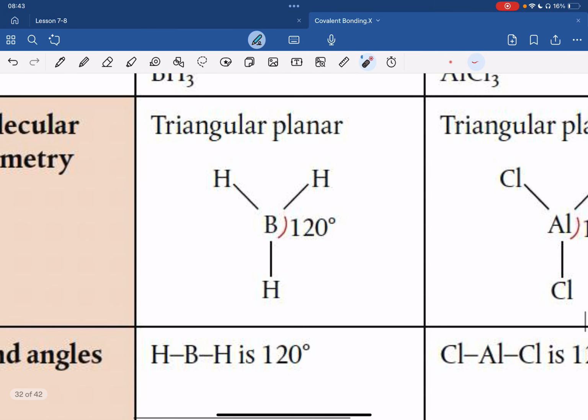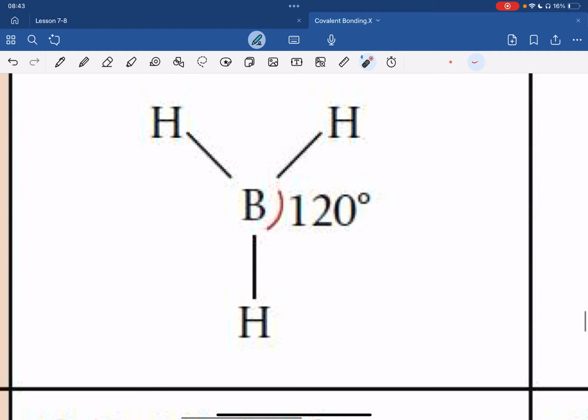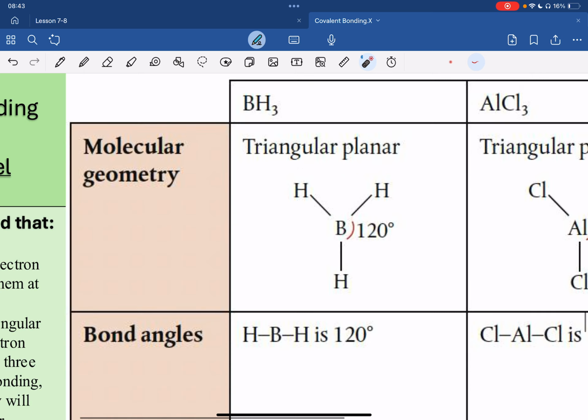So what if we have three electron domains? Let's say boron, one, two, three. This is three electron domains. Now we see that this circle should be 360 degrees, but the one between the two hydrogens 120 degrees. Also, this is called trigonal planar or triangular planar. It doesn't matter.